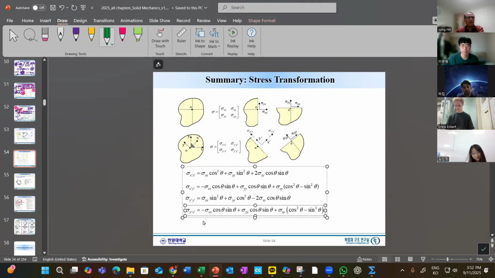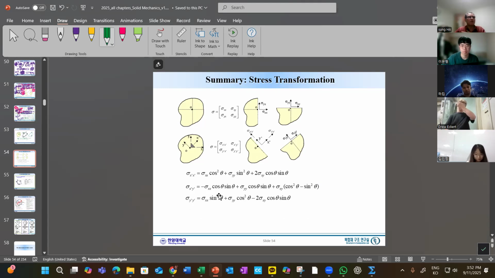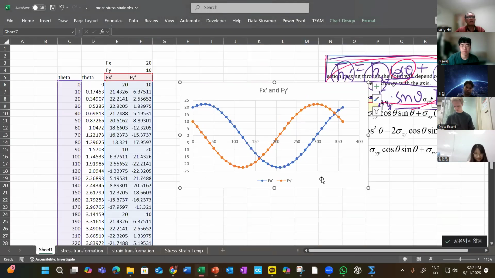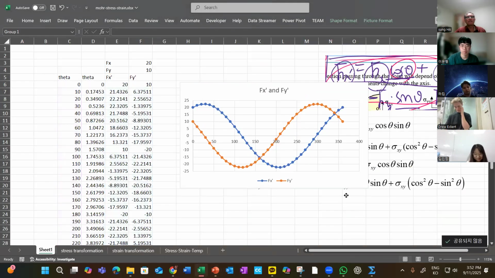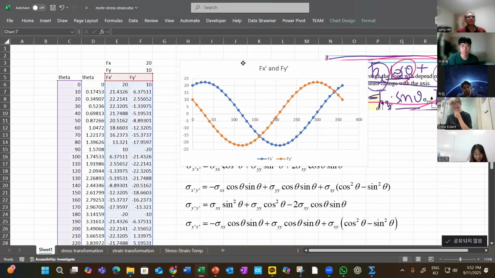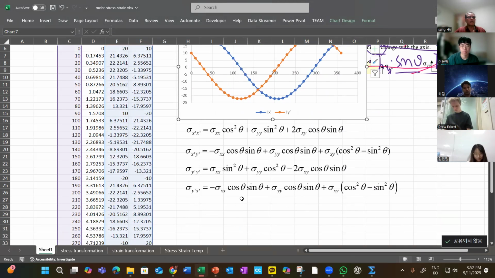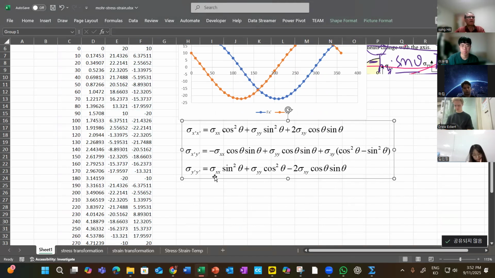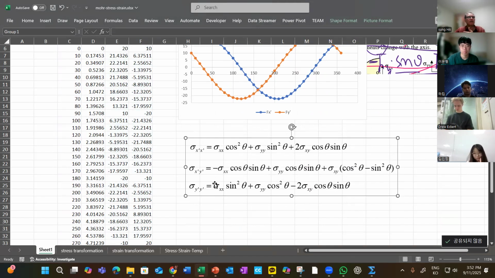These are the same. We don't need this one because we know already they are the same. So you can plot using this equation. You can do exactly the same, a little bit complicated, but it's quite doable, right? We can do that.